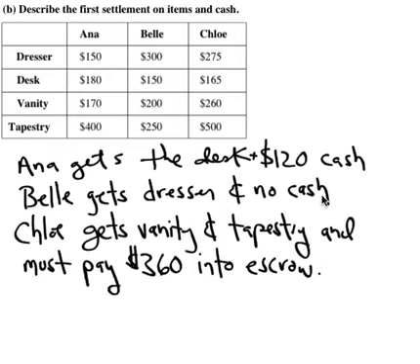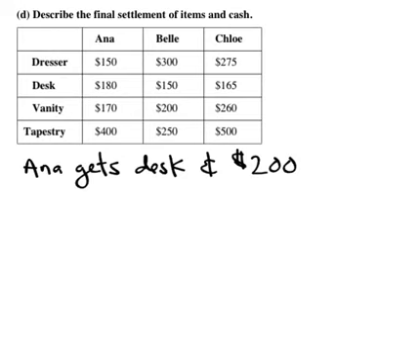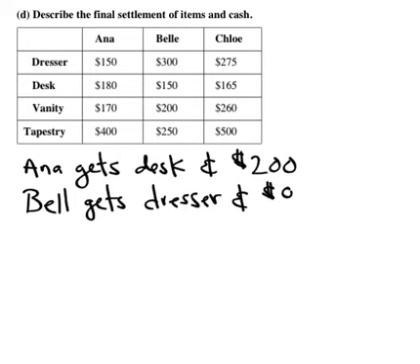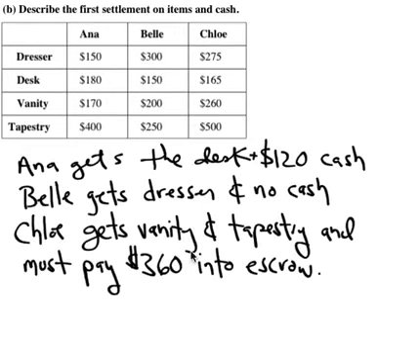Belle had the dresser and no cash, but now Belle is going to get the dresser and $80. And Chloe gets the vanity and the tapestry, and she had to pay out $360 into escrow. But now that she's getting $80 back, it's as though she's paying out less.